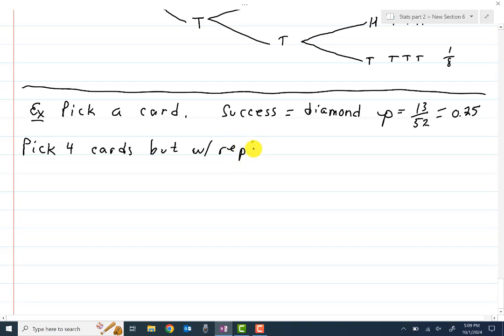So with replacement, you know what that means, we've explained it, is that each time you're putting the card back, reshuffling the deck, and picking another card again. So that's what replacement means. Now, I would like to keep track of the number of hearts, I'm sorry, the number of diamonds. So X equals the number of diamonds.